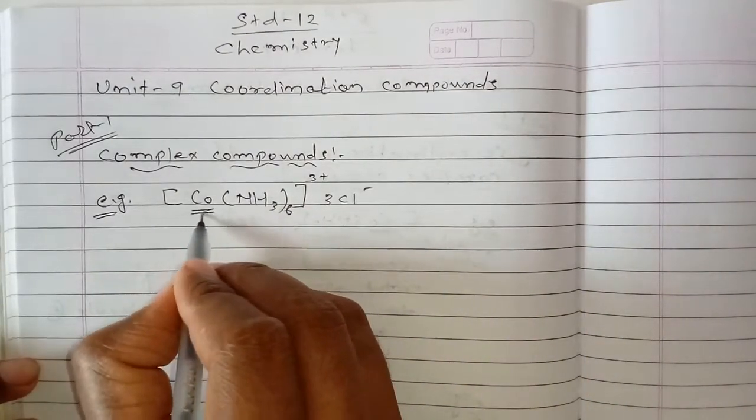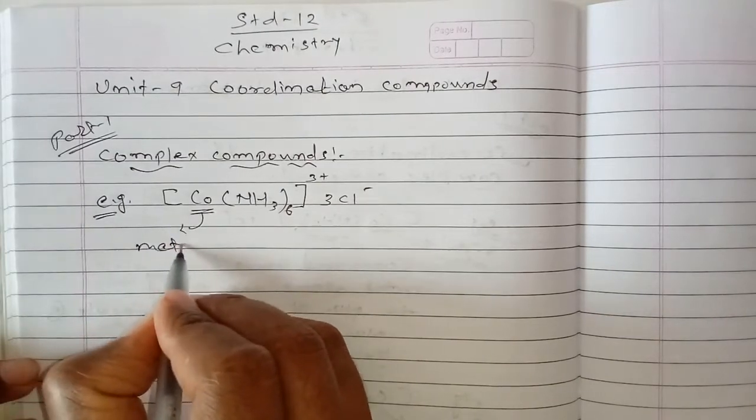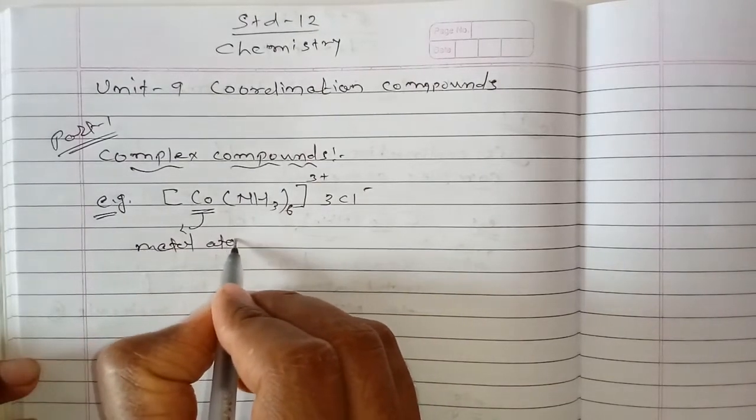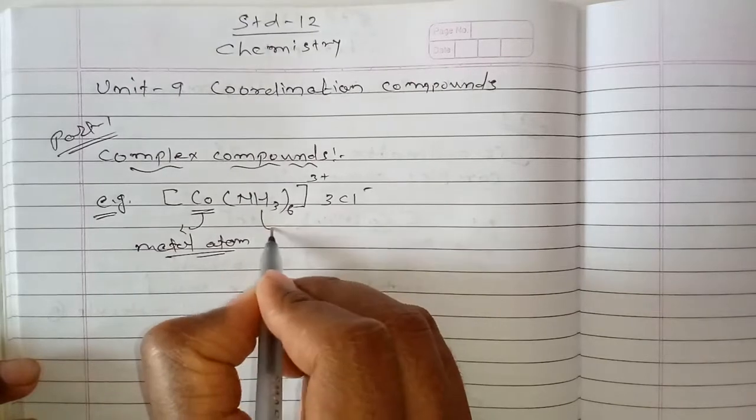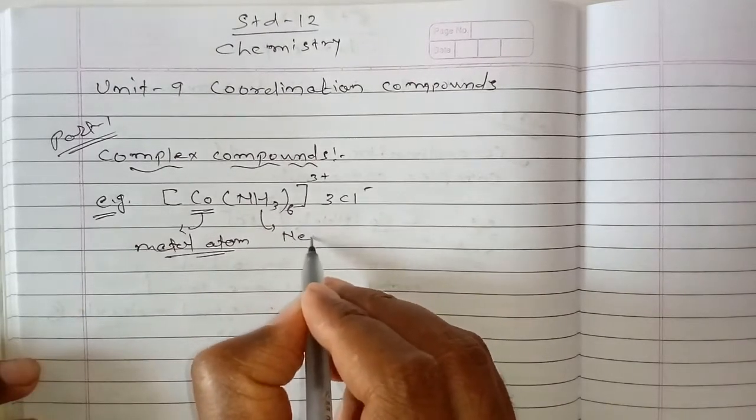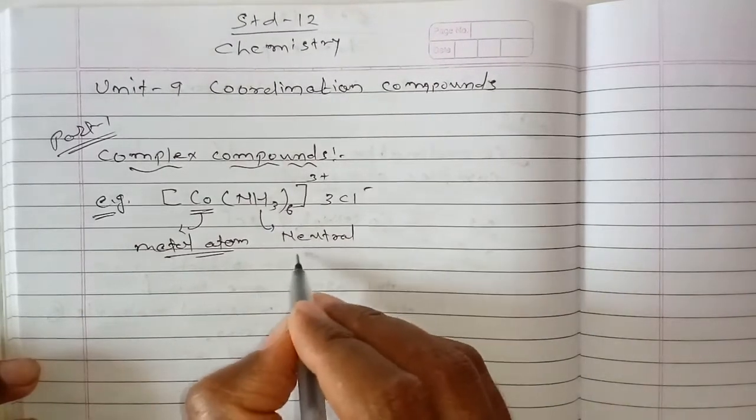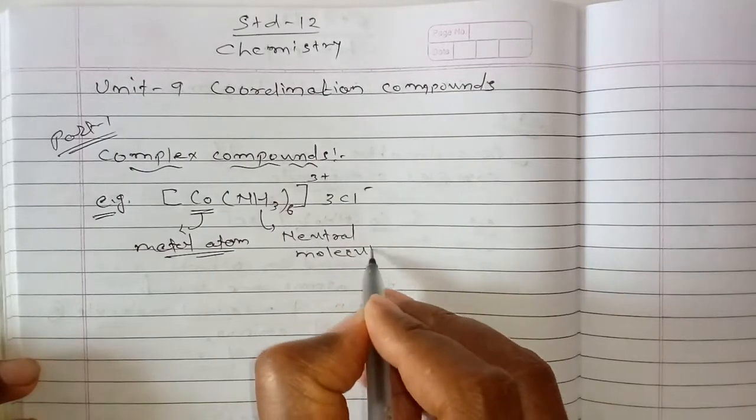Here the cobalt is the metal atom, and the ammonia is a neutral molecule.